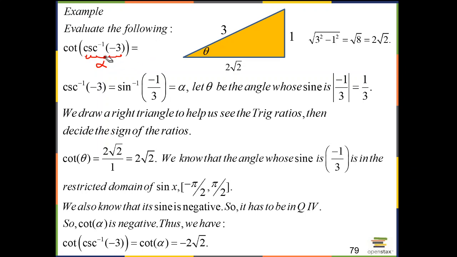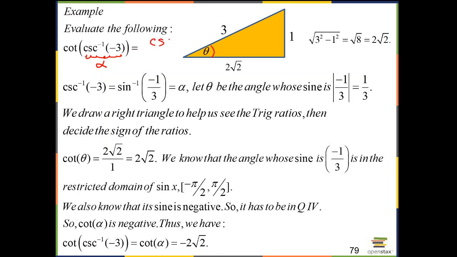So to do these problems, we draw a right triangle and assume that this angle right here has the same cosecant except the absolute value of it. So we don't have to work with negative numbers. So if theta is an angle, instead of alpha, we find theta. Theta is an angle whose cosecant is 3.